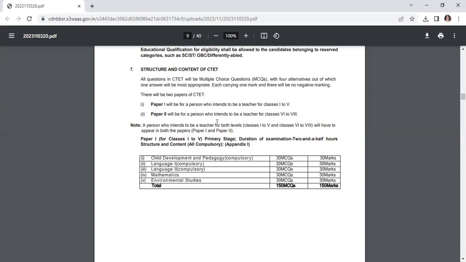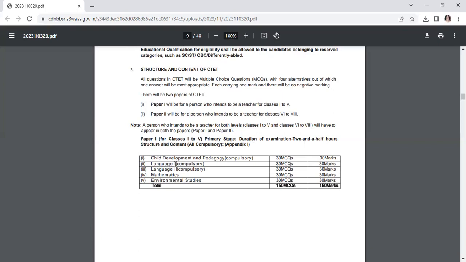Paper 2 will be for a person who intends to be a teacher for classes 6th to 8th. A person who intends to be a teacher for both levels will have to appear in both papers. For classes 1st to 5th, primary stage, the duration of the examination is 2.5 hours, and the structure and content are all compulsory.